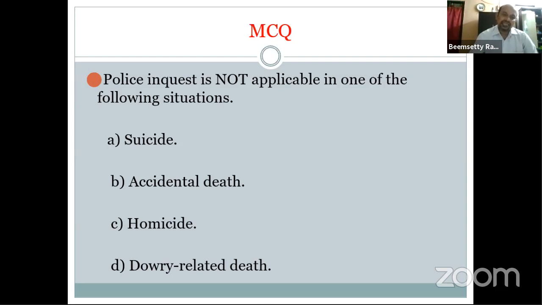Suicide, accidental deaths, and homicide are unnatural or suspicious circumstances in which people are dying, so police inquest is applicable. But for dowry related deaths, who should be doing the inquest? For dowry related deaths, the magistrate will be holding the inquest.